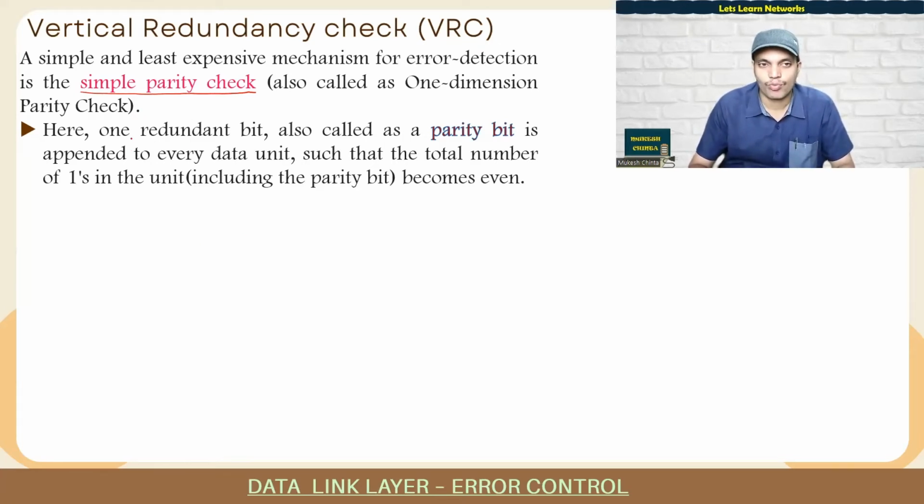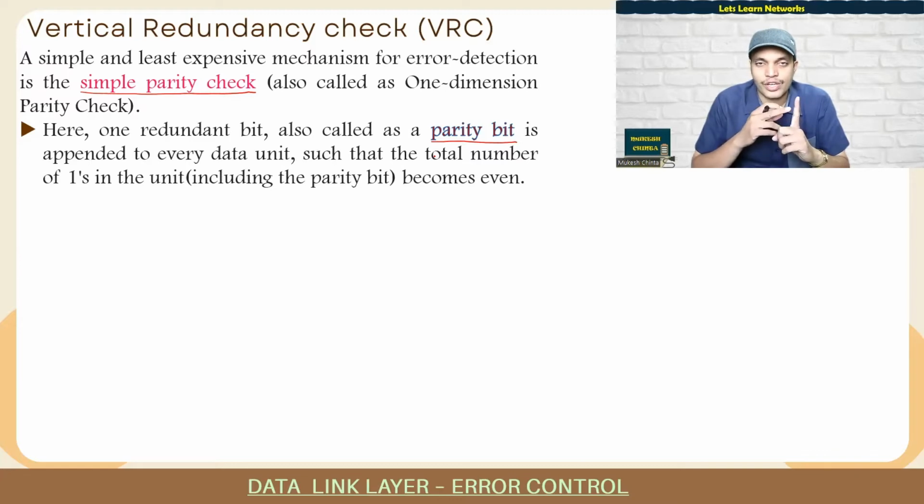Here, in this case, what we usually do is we add 1 redundant bit, also called a parity bit, appended to every data unit such that the total number of ones in the unit, including the parity bit, becomes even. In simple terms, it doesn't matter what is the length of your data unit, you only add 1 extra bit or 1 parity bit, and the bit which you add will be either 0 or 1.